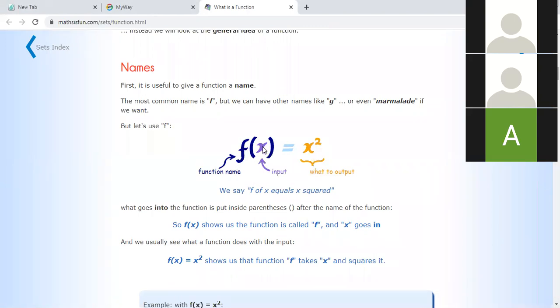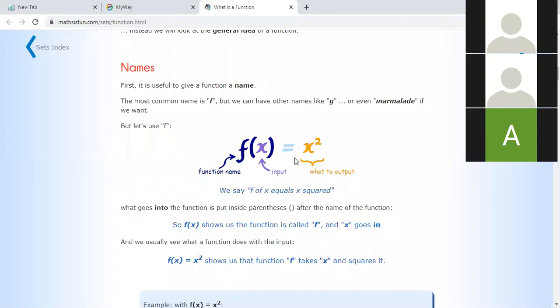The function name with the input inside the bracket is on the left, and after the equal sign comes the output, okay? And in place of f we can use another symbol like g, and we can use other names that you want to assign. We say f of x equals x square.